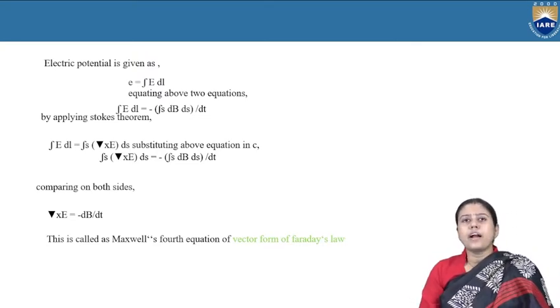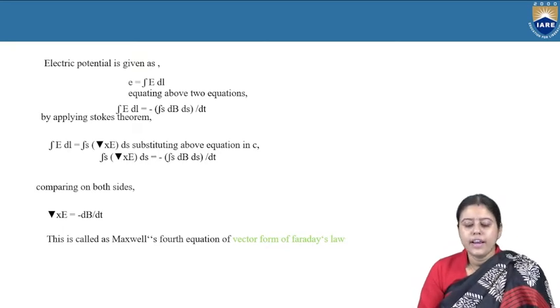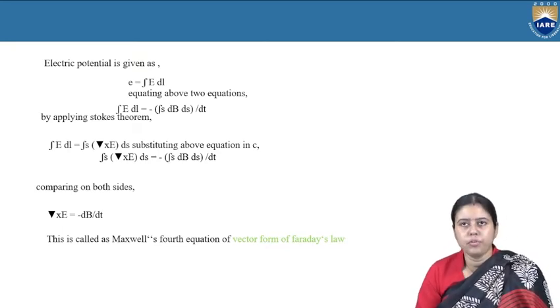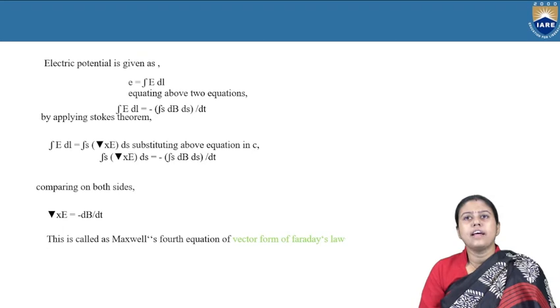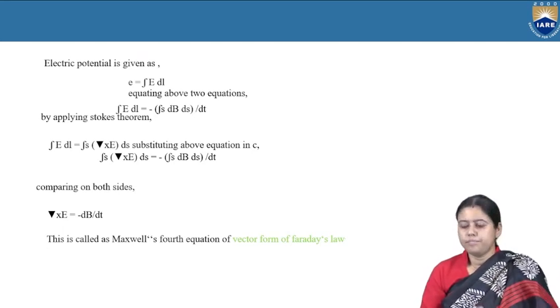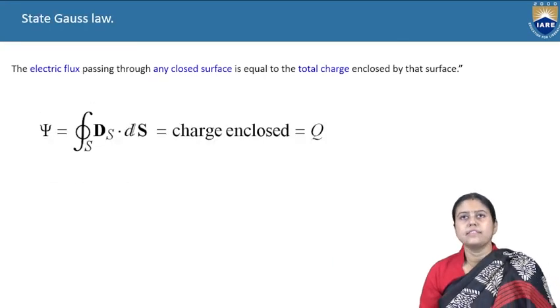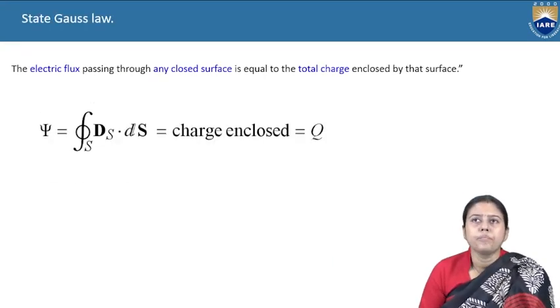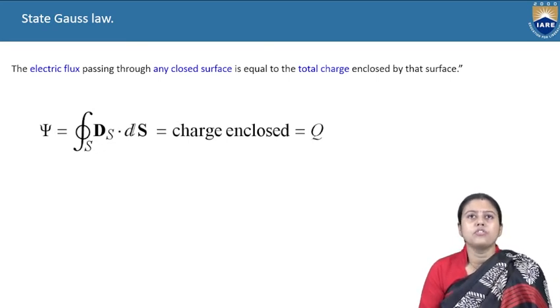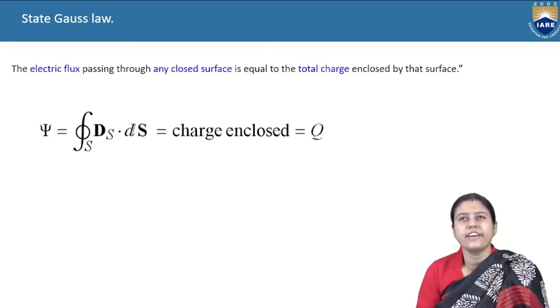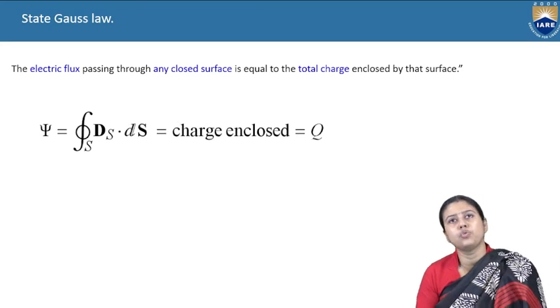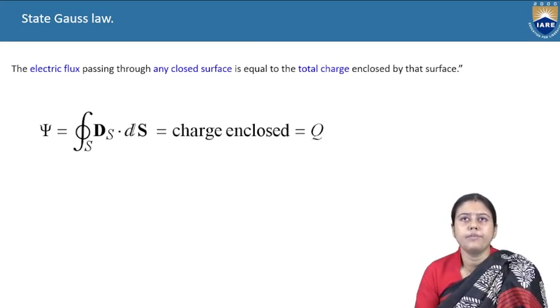The question may come in both languages: write Maxwell's fourth equation, or write the vector form of Faraday's law. Next, state the Gauss law. We have already discussed this many times in unit 1. Just one quick revision.